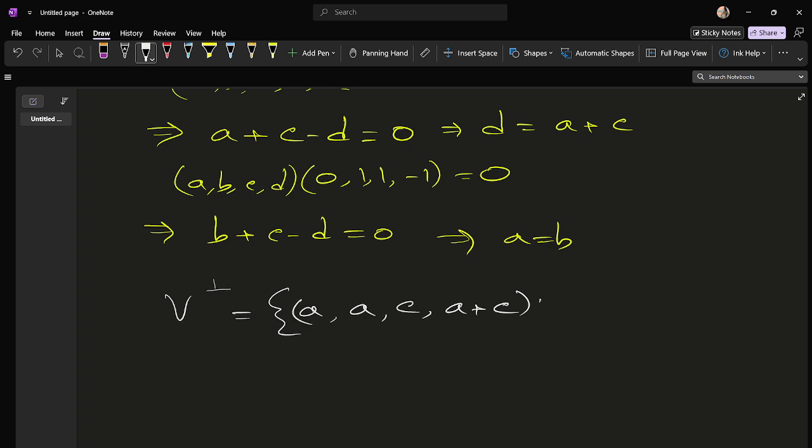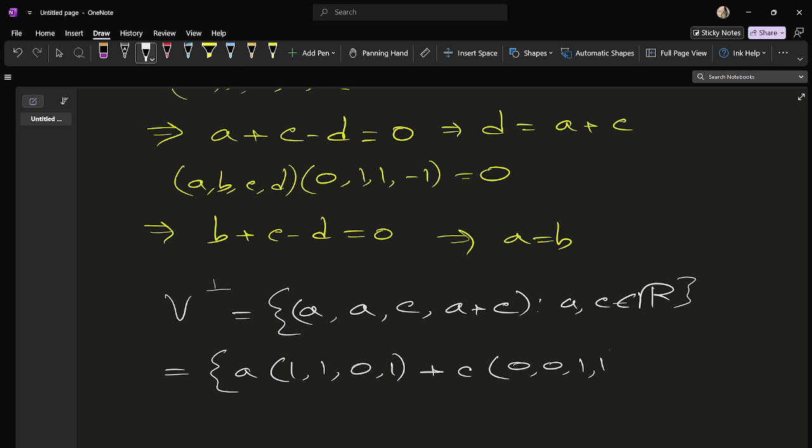So a and c are real numbers. We can rewrite it in this manner: a times (1, 1, 0, 1) plus c times (0, 0, 1, 1), where a and c belong to R, that means they are reals.